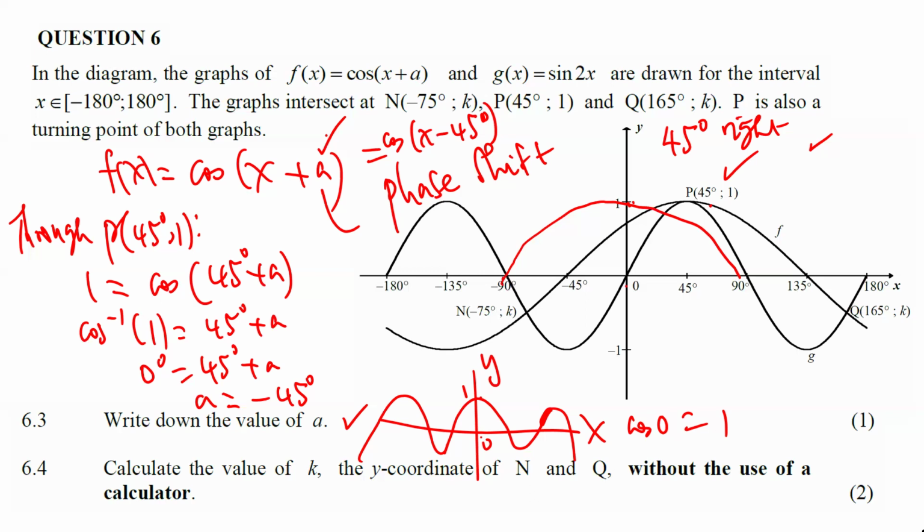Calculate the value of k, the y coordinate of N and P, without the use of a calculator. What is the value of k there? Lesedi, Neo, what is the value of k? The point is already there. Substitute into one of the equations. If you need to find a coordinate, like here, you need to find k, which is a y coordinate.